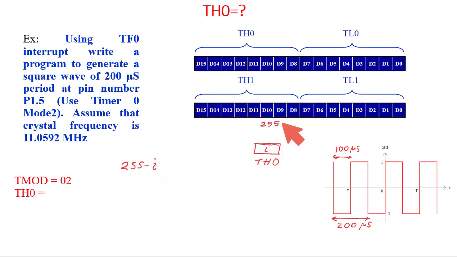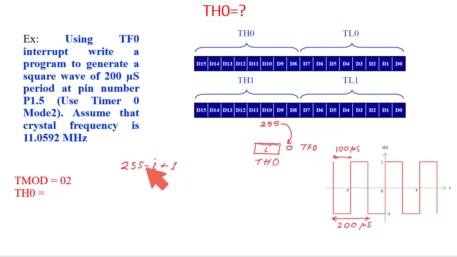Now when this reaches 255, in the next clock cycle it will roll over to 0. And at that moment the timer overflow flag will be logic 1. So another 1 cycle is required. So 255 minus I plus 1 is the total machine cycles required to create the interrupt, or to get TF0 logic 1.